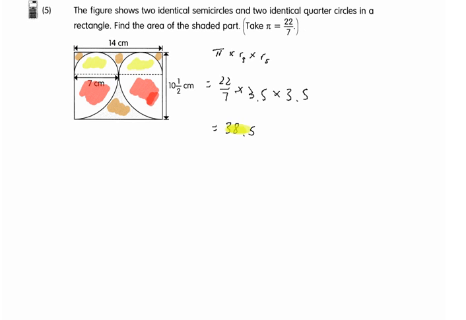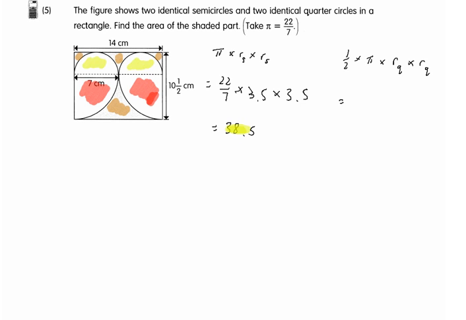To find my red color region, Leroy, tell me what must I do? Jack, don't be a busybody here. Half multiplied by R square, right? But now since we are doing the quadrant, I'll write Q instead.